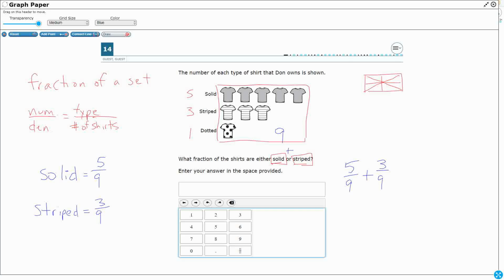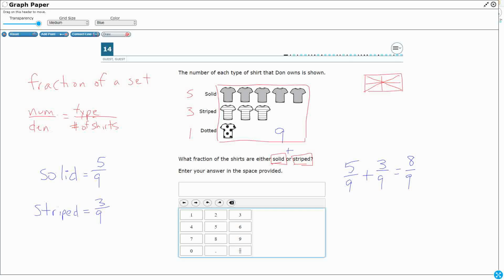If I have 5 rocks and I have 3 rocks, that's going to be 8 rocks. So if I have 5/9 and 3/9, that's going to equal 8/9. Ninth is just the unit. It's the number of shirts we have total. The top number, our numerator, tells us what we're going to add. So we've got 8/9 of the shirts are either solid or striped.